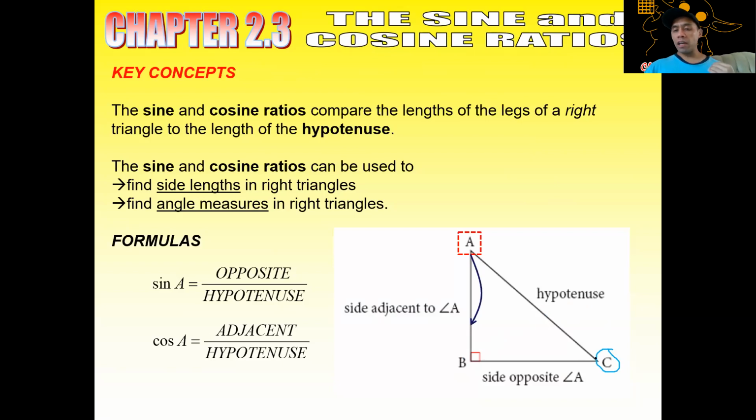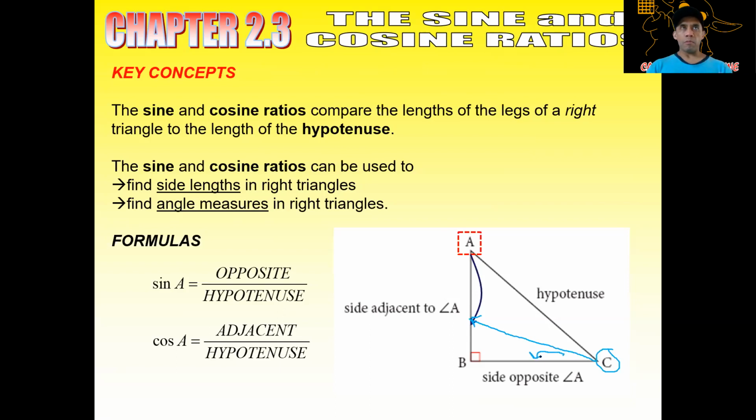If we're taking a look at angle C, the difference between the opposite and adjacent is that they will be switching locations. For angle C, the side opposite to it is actually this one over here, whereas the adjacent would be this one. So that's the difference between the two.